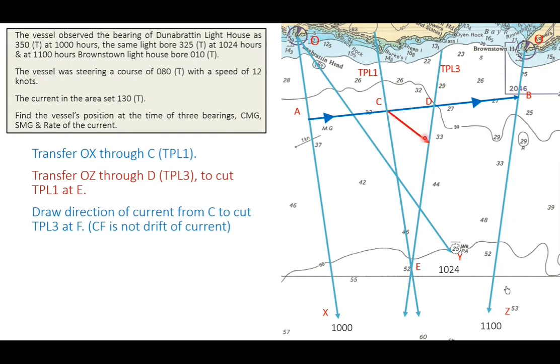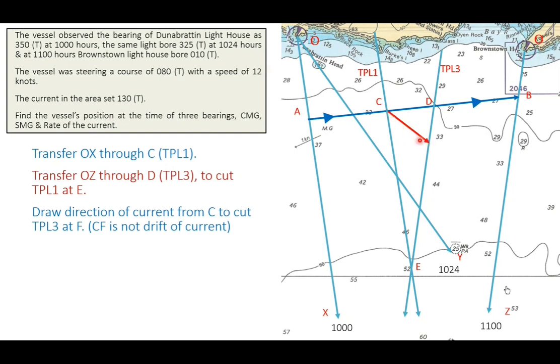You see this red color line on the chart. This line starts from point C, and the direction of this line is the set of the current, which is given to us in the question. In this case, the set is 130. This red line is in direction 130.